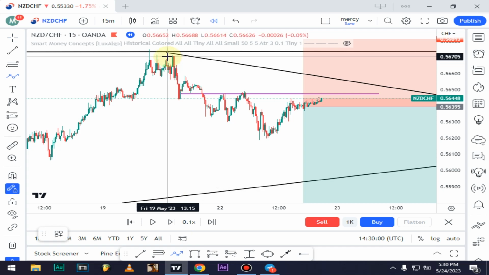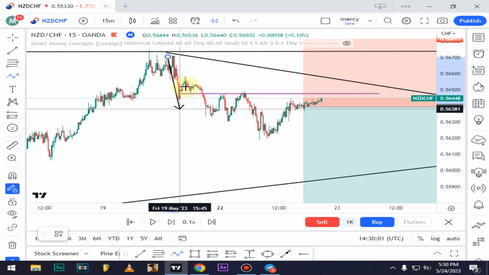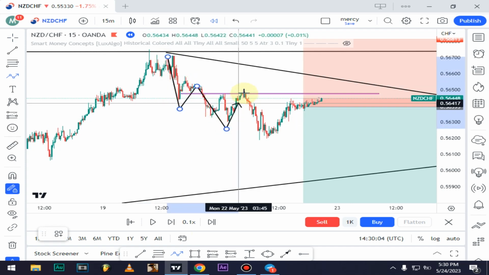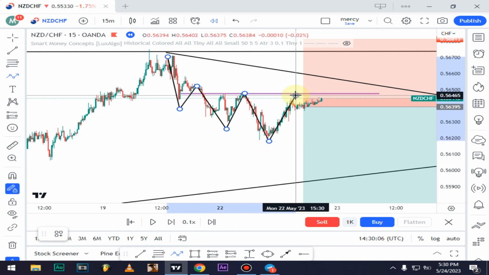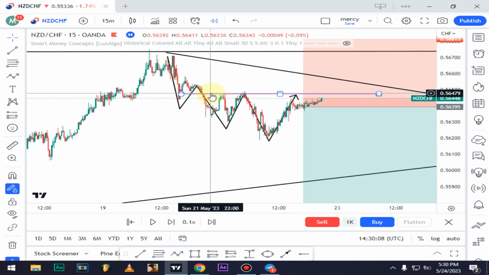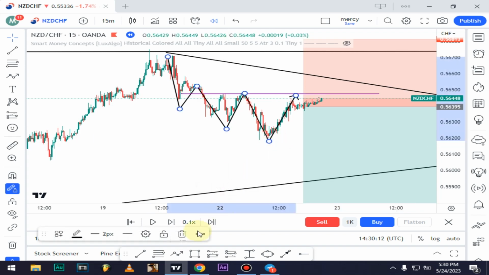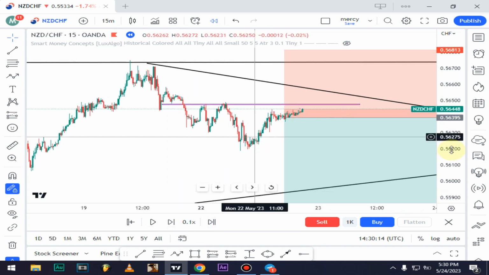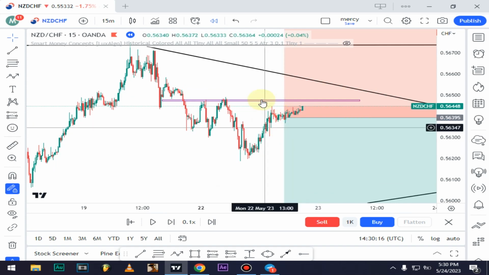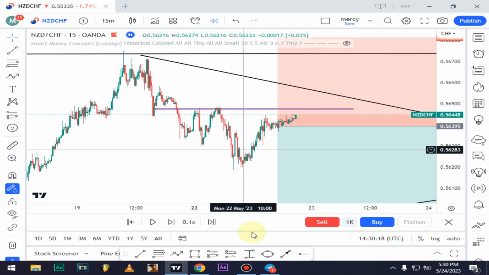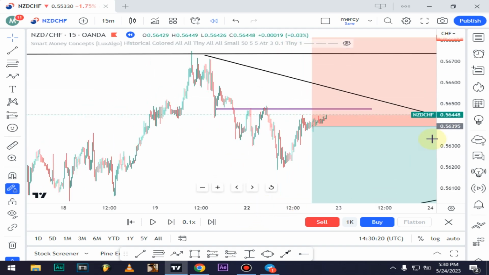So look at this, price gave me the first lower low, lower high, lower low, lower high, lower low, lower high. The reason why I had this resistance line drawn is because I was seeing that price was respecting that zone. So I took that sell entry. Either way, I say that I'm late, but generally I know what price was trying to do.